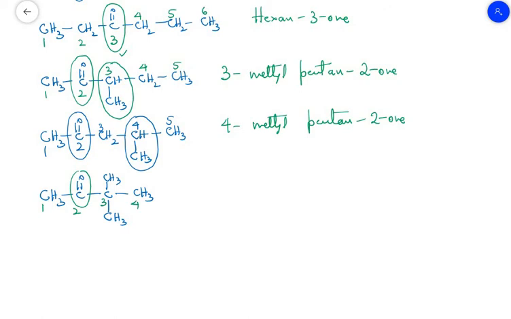If writing from the right hand side, the methyl group will have number 2, but our ketonic functional group will become number 3. So we have to give the lowest number to our functional group, followed by the substituent. In this case the name of this compound is 3,3-dimethylbutan-2-one.